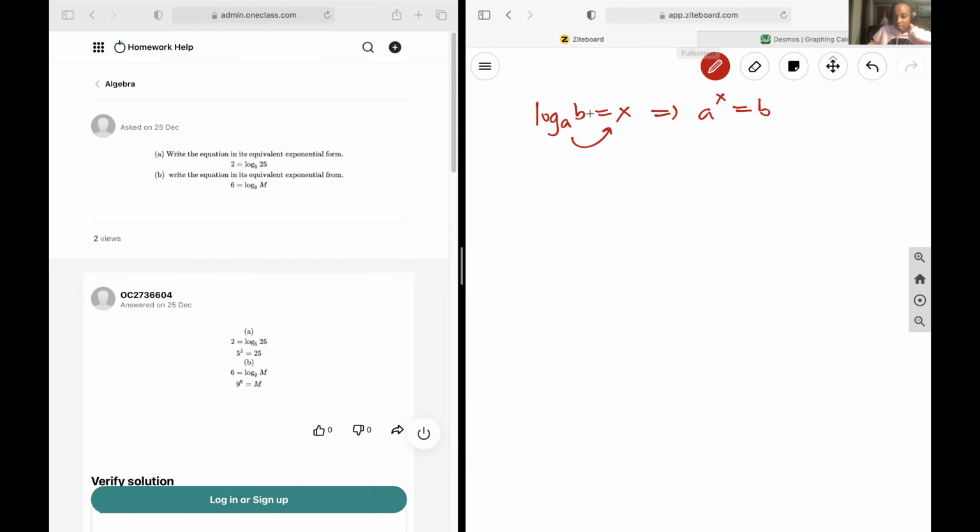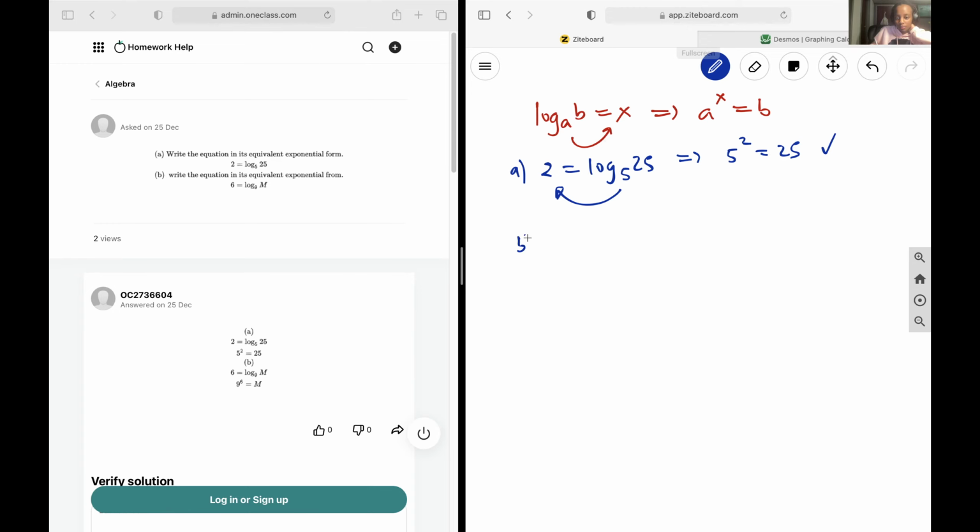So a to the power of x is equal to your value here. And so in our cases here, we have 2 is equal to log base 5 of 25. So we move the 5 right on over, and it becomes 5 squared is equal to 25. This is true, as we know it.